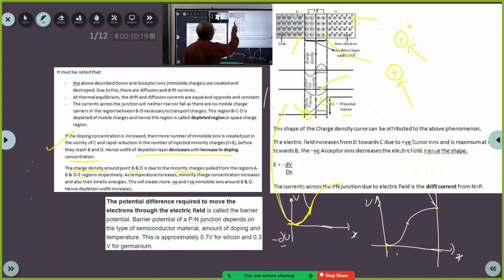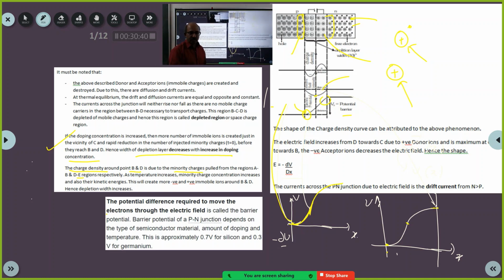If the depletion layer has to increase, that means this many charges have to be covered. That means these holes have to disappear, and these electrons have to disappear. So if temperature increases, for these holes to disappear, what do they need?